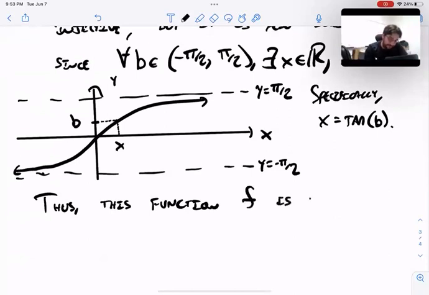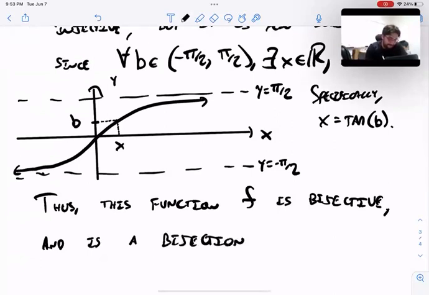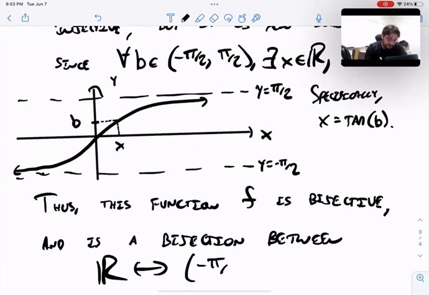It's bijective, and this is a bijection between the sets R and this interval minus pi over 2 to pi over 2.